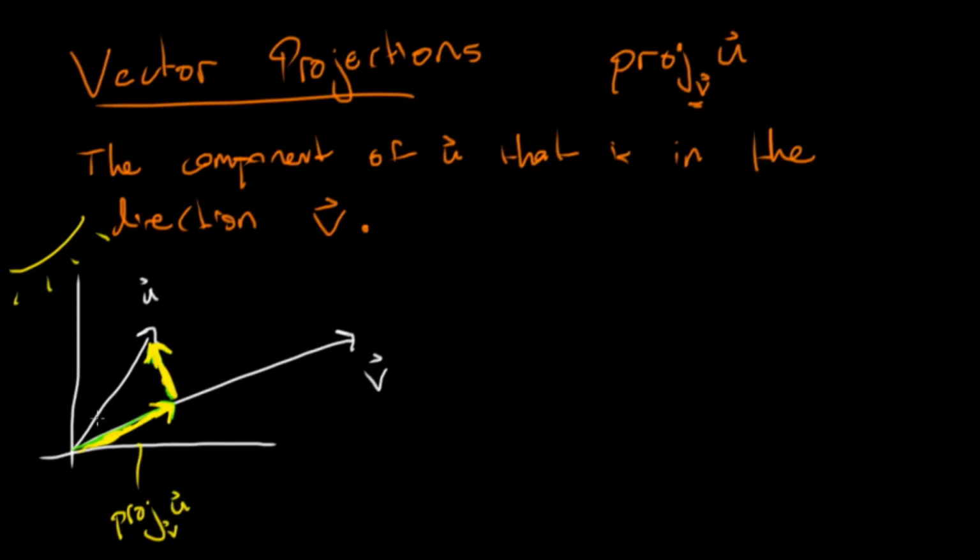Right? So we do have an angle between u and v. Let's go ahead and call it theta. And I think the best way to figure out what the projection of u onto v is to figure out first the magnitude of this vector. That's a little bit easier to solve for because we've done this before.